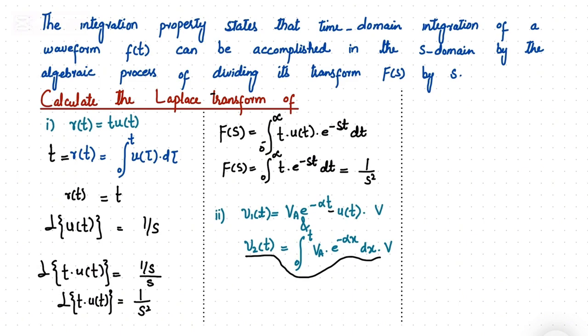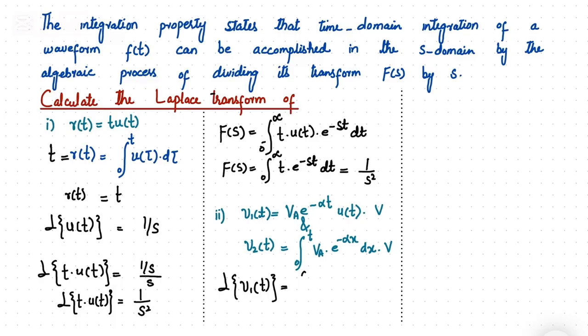E raised to power minus alpha x dx is nothing but this t replaced by x, so we have changed the variable basically. It means we can say that v2 of t is the integral of v1 of t basically. So let's calculate the Laplace transform of v1 of t only, and after calculating it, we will directly calculate the Laplace transform of v2 of t using the integration property.